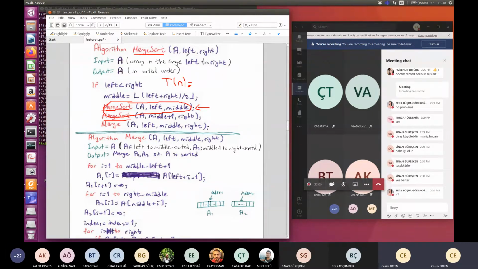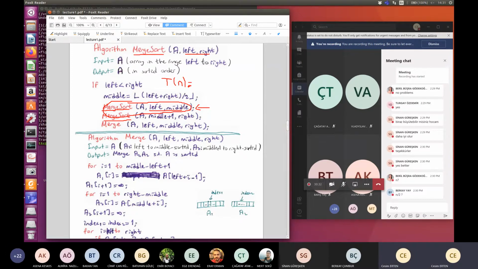Our instance size originally is n. Yes, exactly. So the size of the instance for this recursive call is n divided by 2. You're right, Berkay. But what is the time spent for the merge sort? The size of the input that we describe here is n divided by 2.